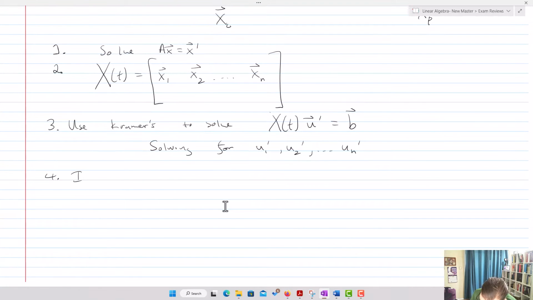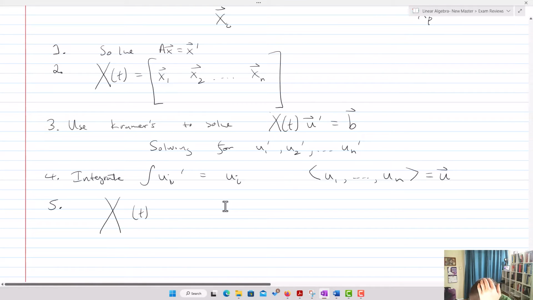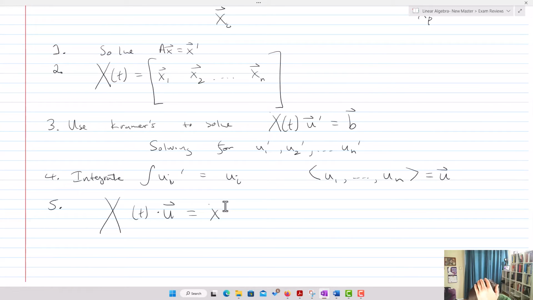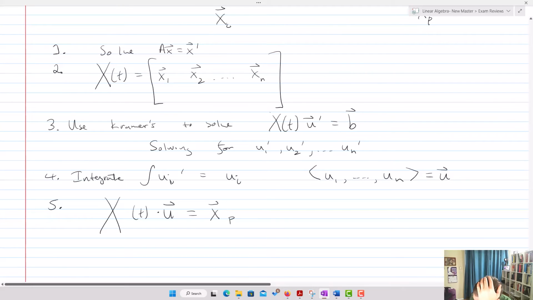Then we integrate each ui prime, and that will give me each one of my ui's, u1 through un. All those solutions are going to end up equaling my vector u. Then I'm going to take x of t, my fundamental matrix, multiply that by u, and that ends up equaling xp, my particular solution.